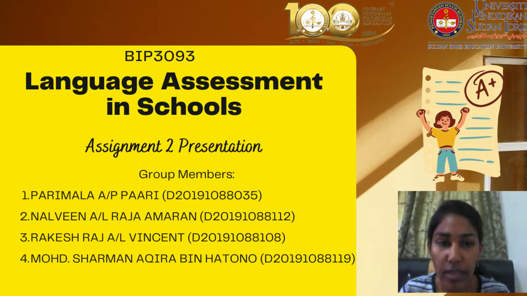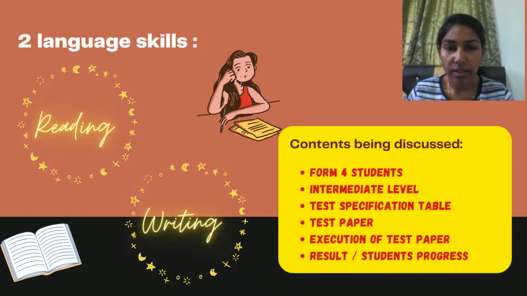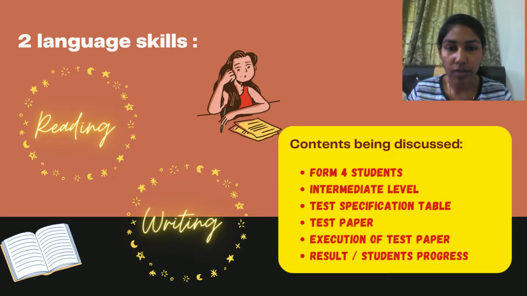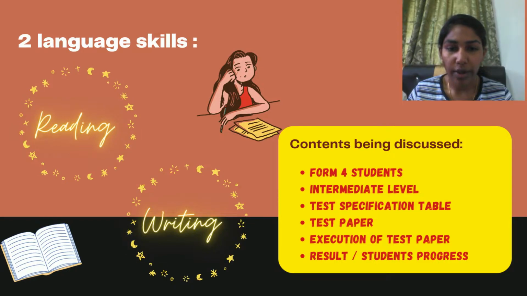We would like to present our assignment 2 recorded presentation for the BIP 3093 language assessment in school course. The two language skills that we focus on in constructing the assignment are reading and writing.